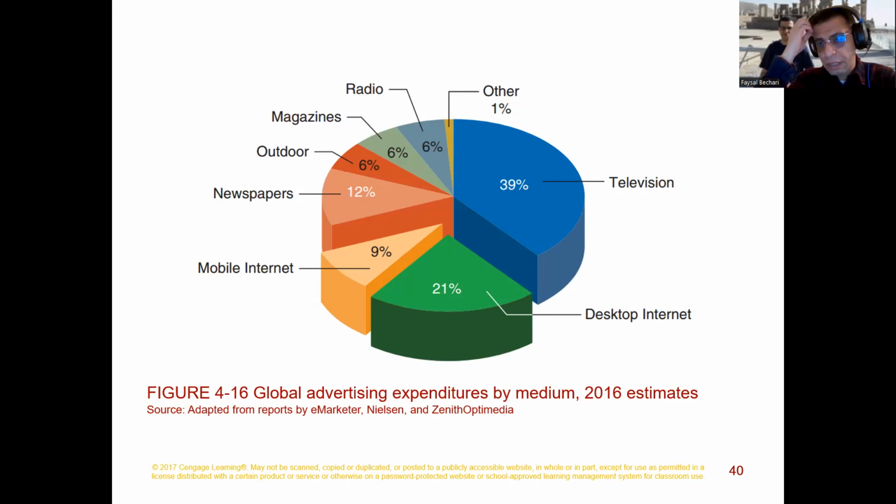Television gets 39% of the advertisement spend, 29% on desktop, outdoors, magazines only 6% now, newspapers 12%. So this is the global advertisement expenditure by medium in 2006. 2016 is totally a little bit changed, I assume. This is pretty high, and this one is high. And still this spending is not bad.